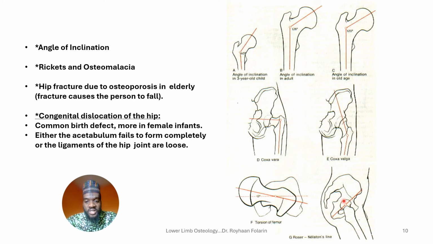Right. We also have the Rosa-Nelaton line, which is a clinical reference line drawn from the ASIS to the ischial tuberosity. Whenever there is hip dislocation or femoral neck fracture, the greater trochanter lies above this line.